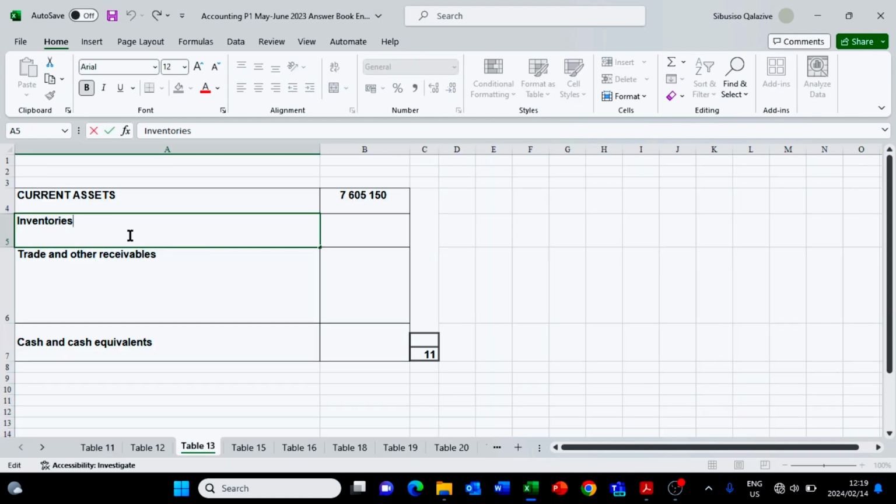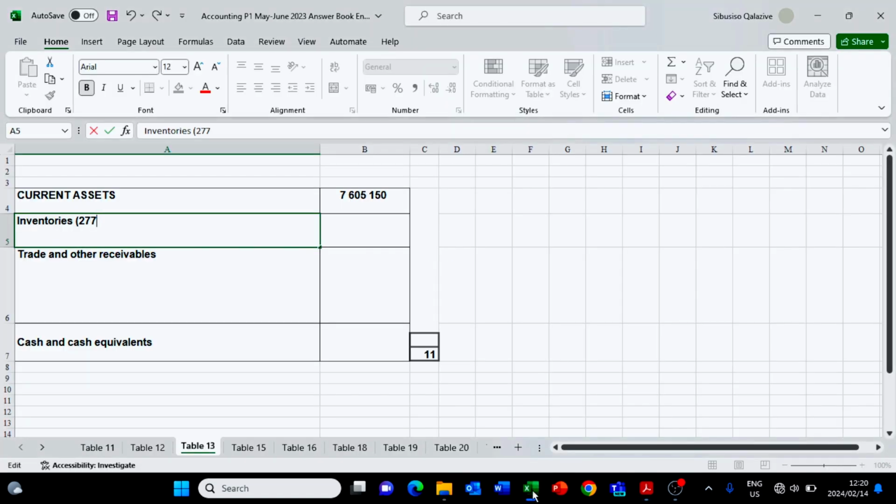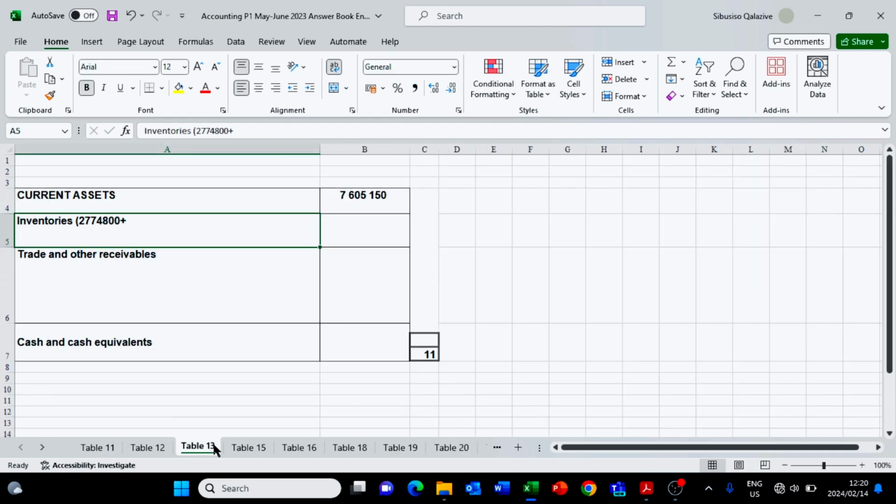Going to say inventories, in brackets, we are going to take the 2,774,800 plus this amount of money that we got here, which is 121,210.